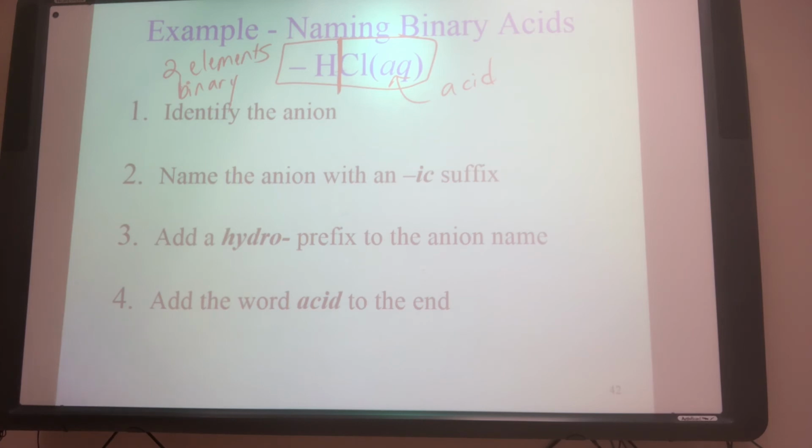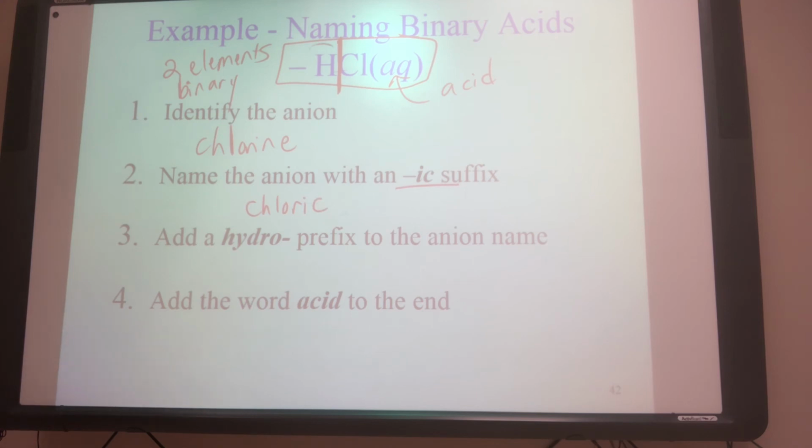So now that I know it's a binary acid, now I can use my binary acid name rules. So I know it's always going to be H+, so I got to figure out what the anion is. So the anion is chlorine. So to name the ending, I take the stem of chlorine, which would be chlor, and then I add the ending ic, so chlor-ic.